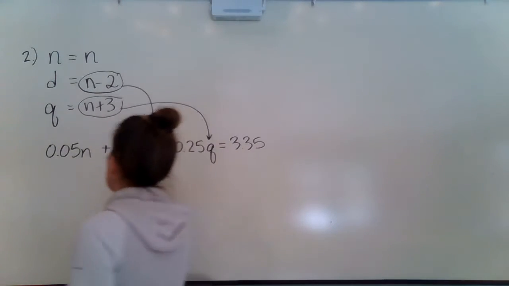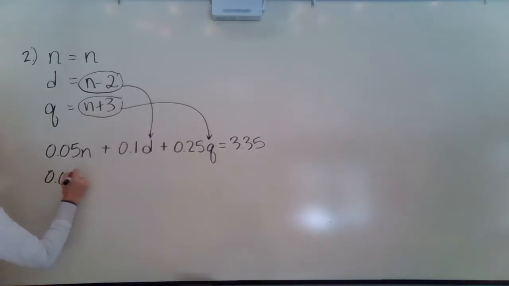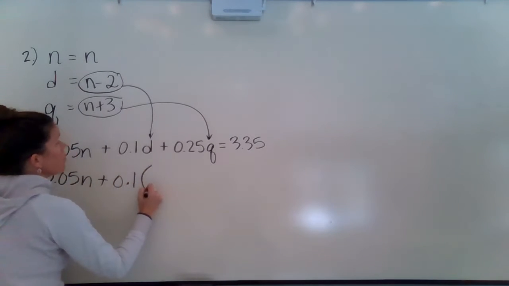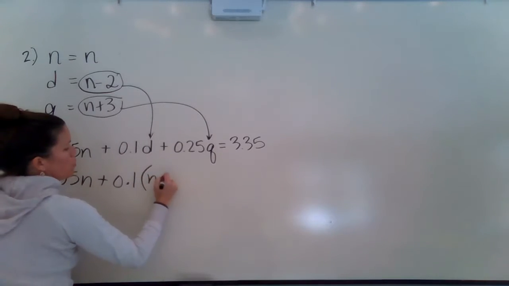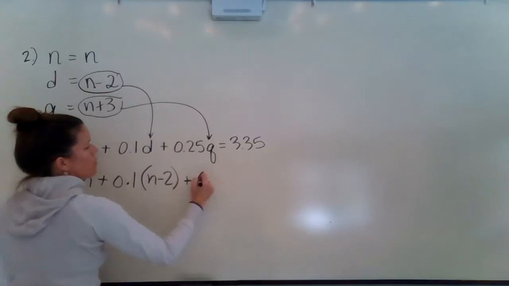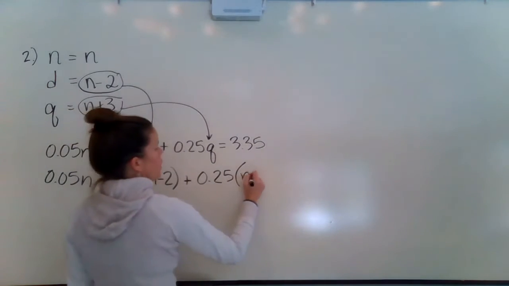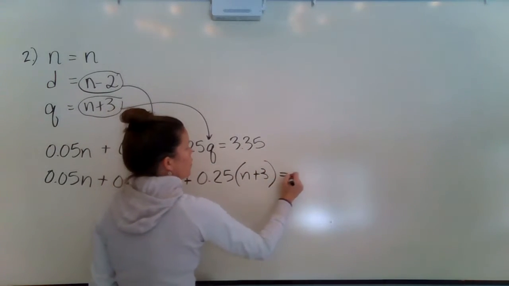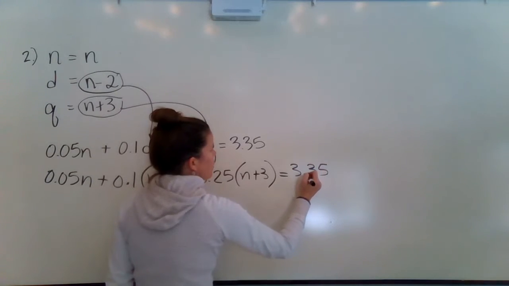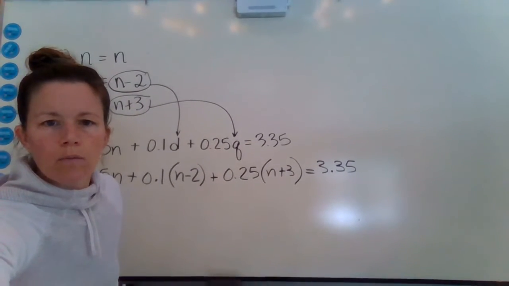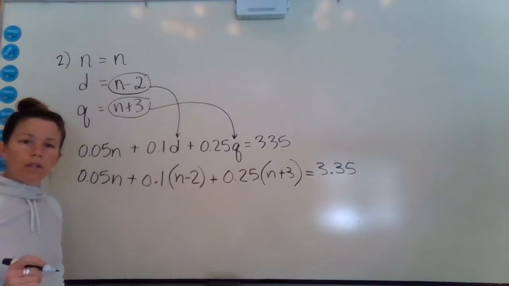All right, let me write this out. 0.05n plus 0.1 times (n minus 2) plus 0.25 times (n plus 3) equals $3.35. It looks like we need to do some distribution here.